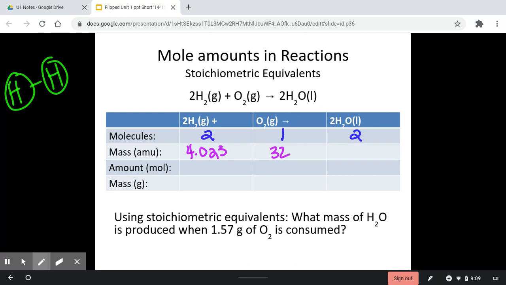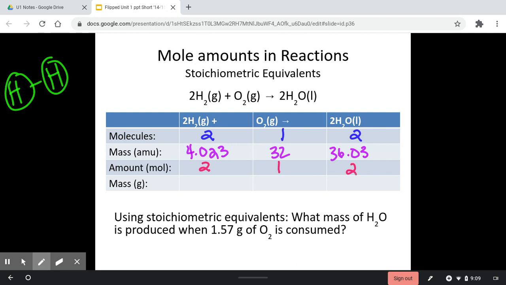I have 32 AMUs of oxygen. And I have 1 molecule of water weighs 18 AMUs. I have 2 molecules of water, so that's going to weigh 36.03, based on how many sig figs I kept off the periodic table. Oh, I guess I could have kept that. Okay.